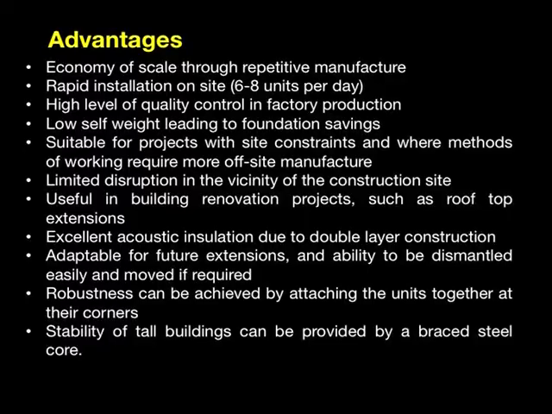Another big advantage is rapid installation at site, and it can be installed up to 6 to 8 residential units per day. That is the speed of modular construction, and it has a high level of quality control because it is produced in a factory setup.